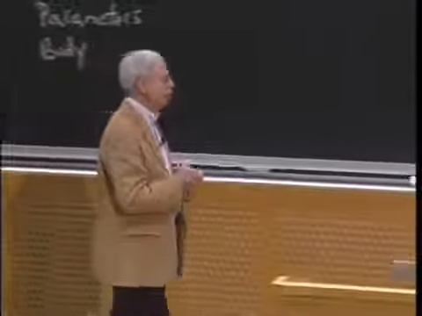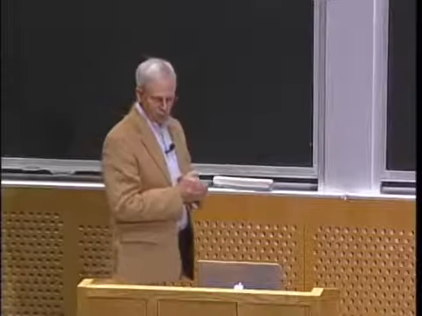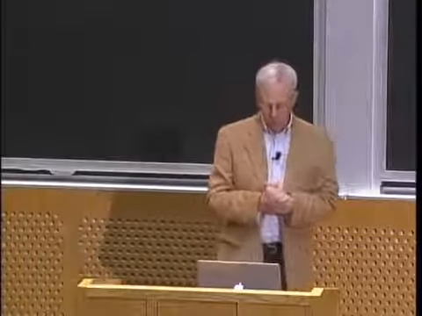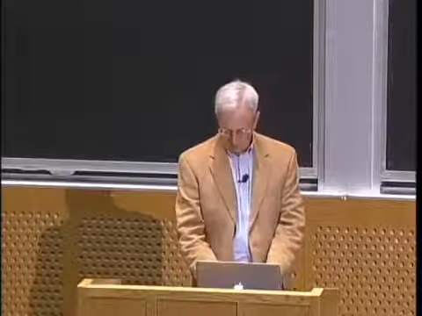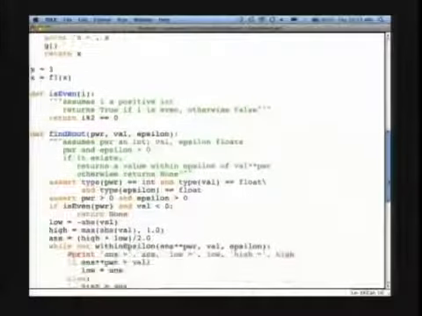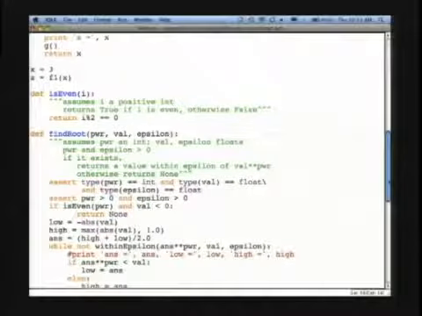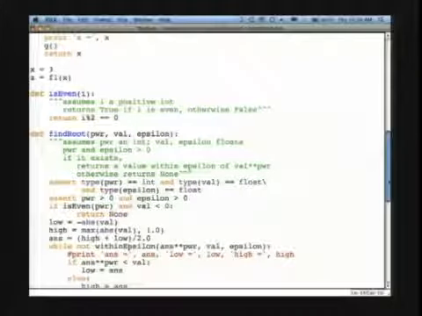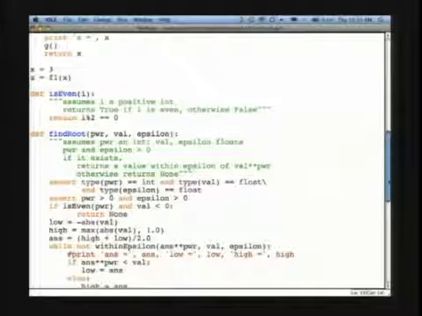In general, you'll find that I use asserts quite a lot. So for example, in the next piece of code, which is called find root, it takes the root, is it square or cube, whatever, the value, and epsilon. It assumes that power is an int and val and epsilon float in the specification.